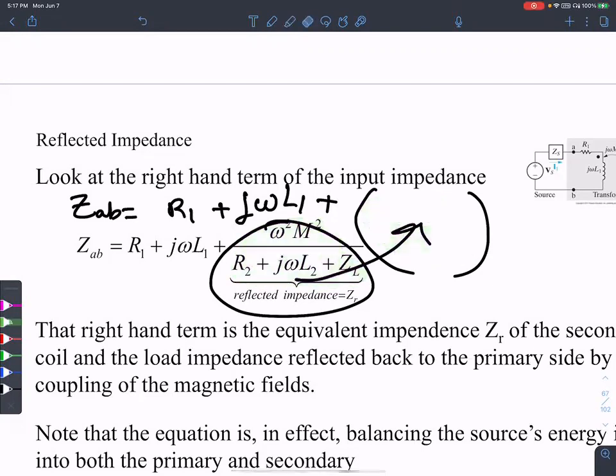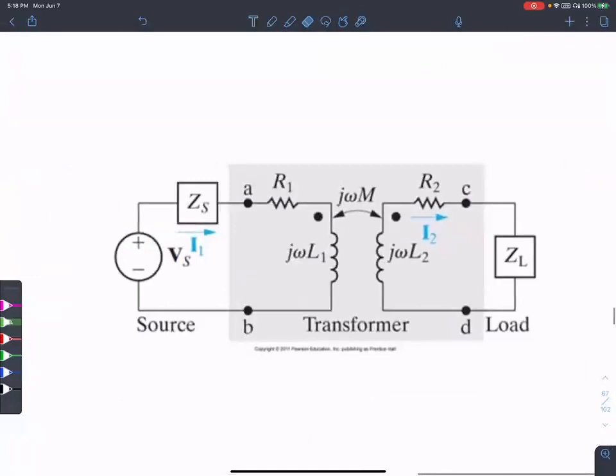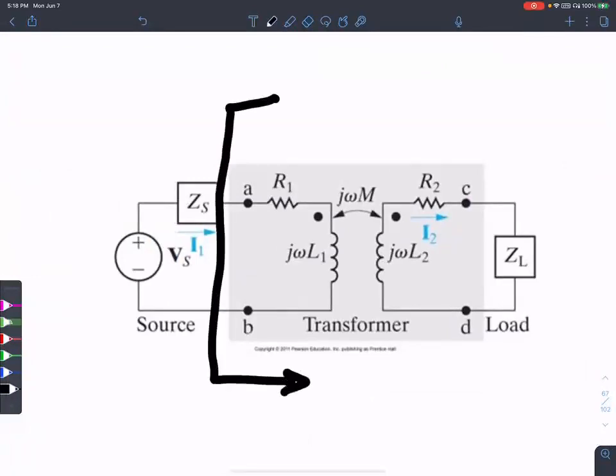Let's try to understand the intuition here. We are interested in looking into this transformer and finding out the total impedance. How much is the impedance looking in?